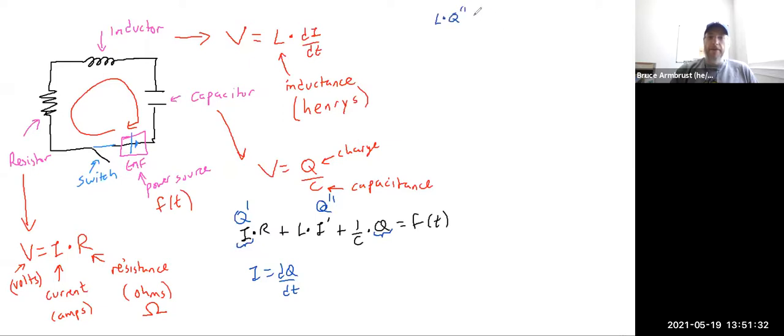You have L times Q double prime plus R times Q prime plus 1 over C times Q equals f of t. And all these, L, R, and C, are constants. Those are going to be characteristics of this circuit.